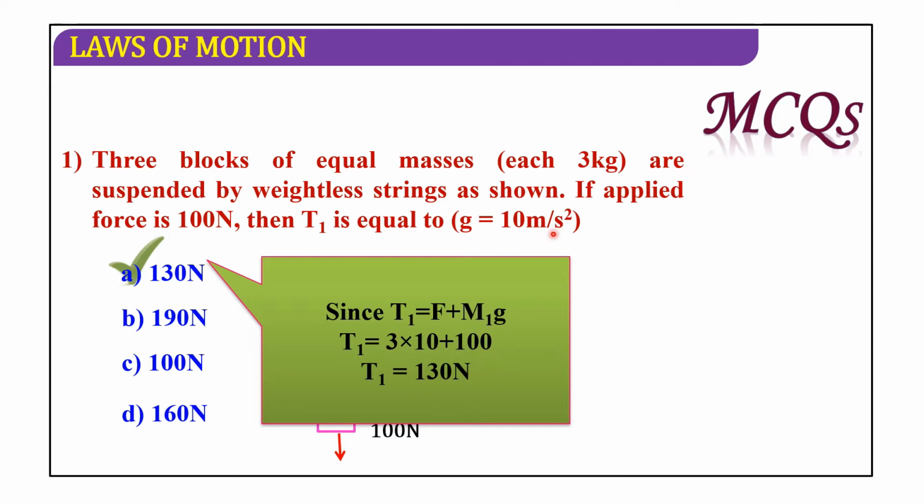The applied force is 100 newtons. So 3 into 10, 30, plus 100, is 130 newtons. So tension T1 is equal to 130 newtons. First option is correct.